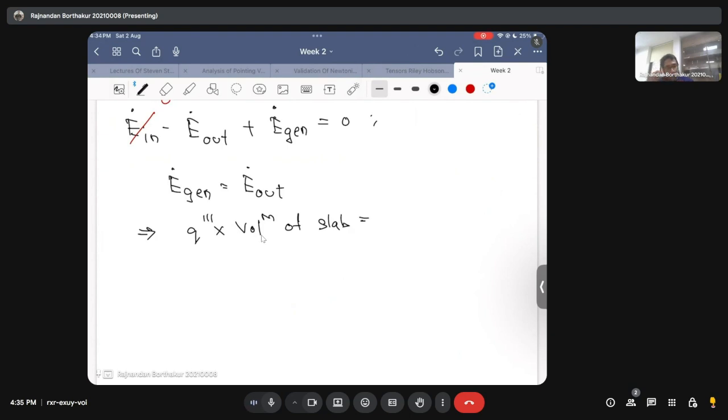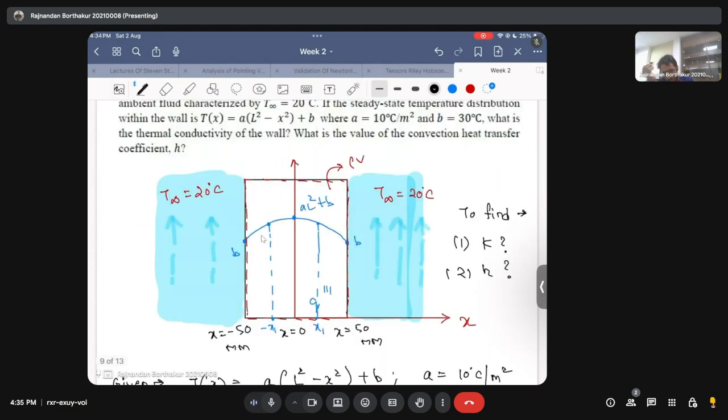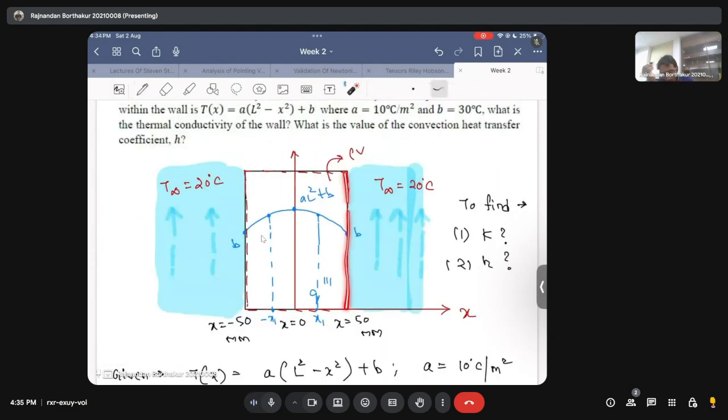Okay, and let's try to understand what is the energy that is going out. The energy that is going out is nothing but the conduction flux that goes out as a convection flux to the fluid. Since we are considering the control volume such that the energy going out is essentially going out to the fluid itself, because as I said, if there is no phase change, the interface cannot store energy.